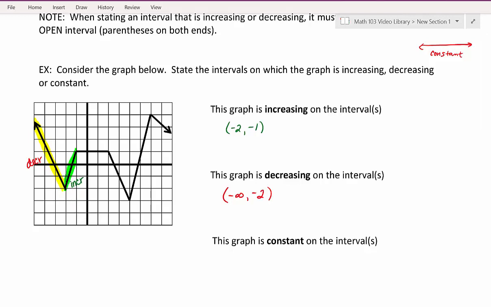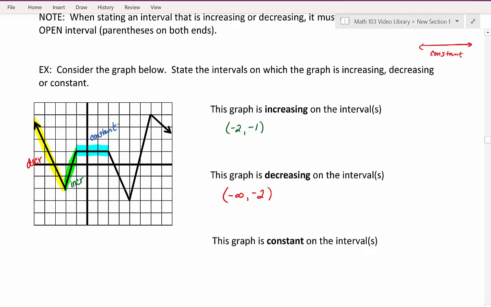All right, let's move on to our next piece. So our next piece right here, as we move from left to right, is our graph increasing, decreasing, or is it flat? Well, here it's flat. That means that our graph is constant in that interval.